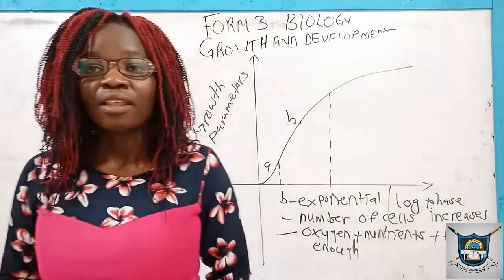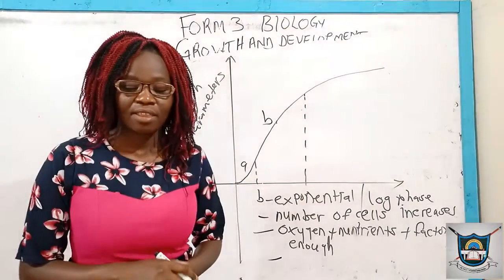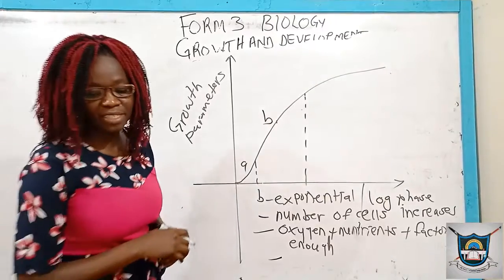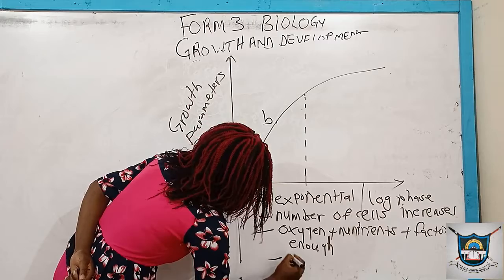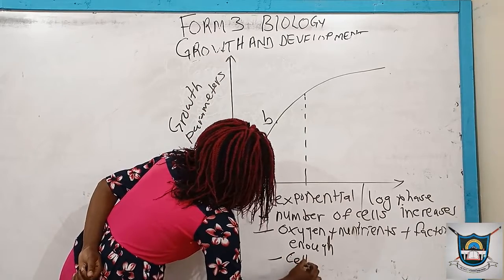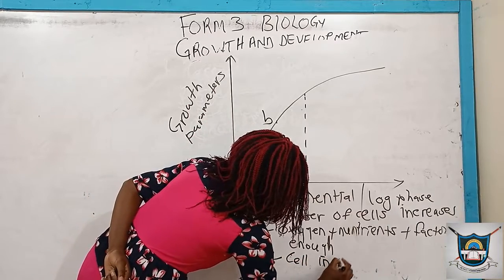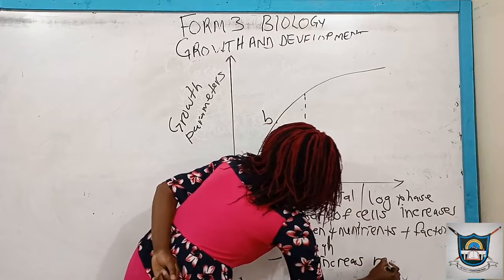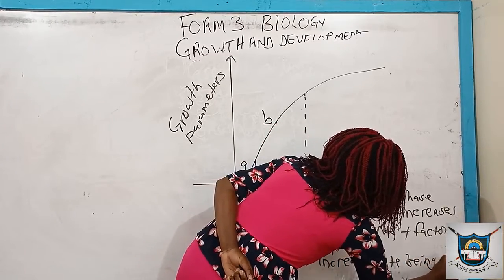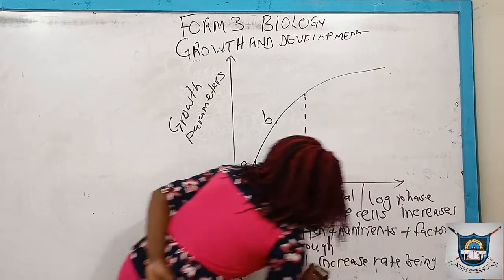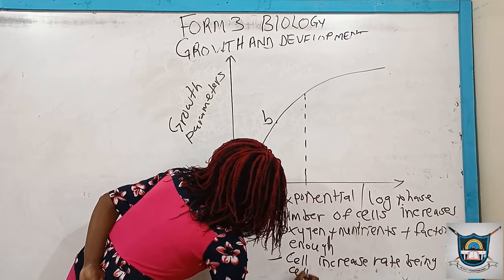Then again, there must be the rate of cell increase being higher than the rate of cell death.